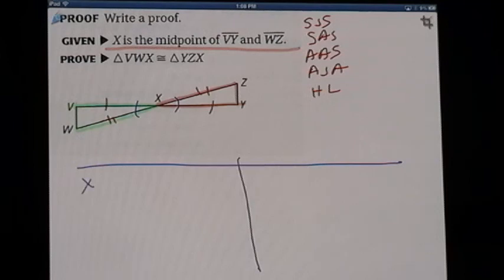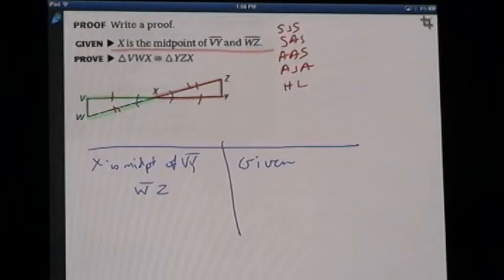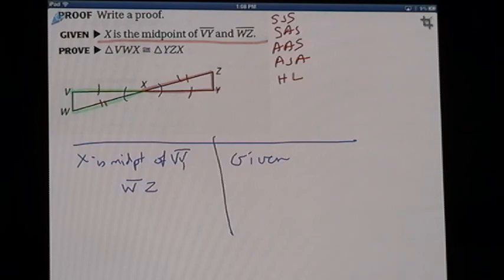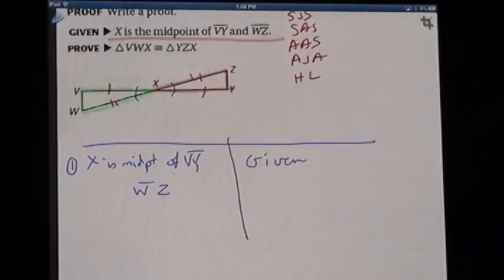We're going to start with X is the midpoint of VY and WZ, and that is given. All right, now you have to come out and say in so many words that those segments are each congruent. So let's do that.